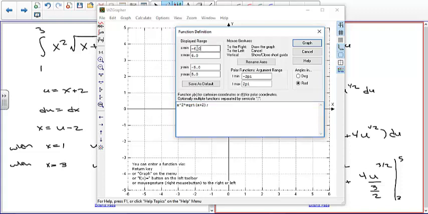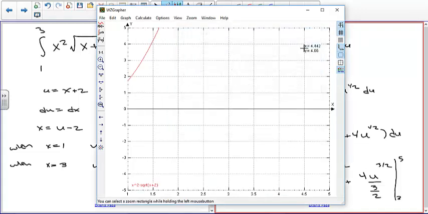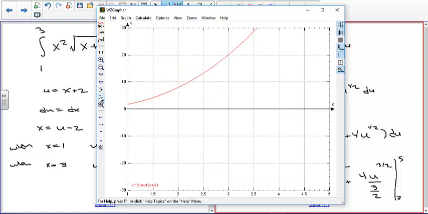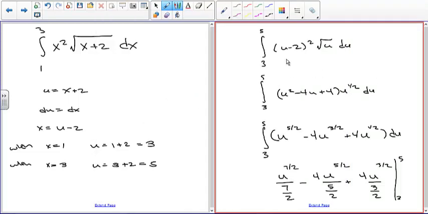And I'm going to go between 1 and 5, because this one goes from 3 to 5, and this one goes from 1 to 3. And I'm going to have to zoom out a little bit here. Okay, so this one goes from 1 to 3, and the second curve is the u-substitution, which is this one.